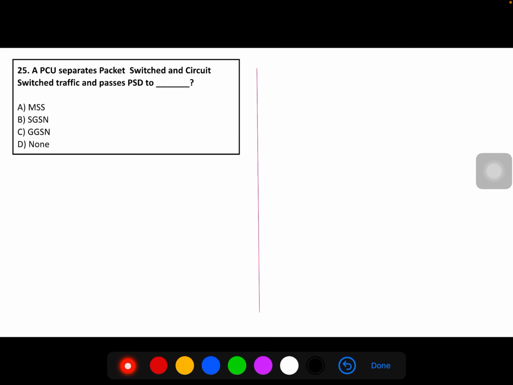But if the data part is being carried out in GPRS, then the packet control unit sends the PSD directly to SGSN, that is Serving GPRS Support Node. So the correct option is B.